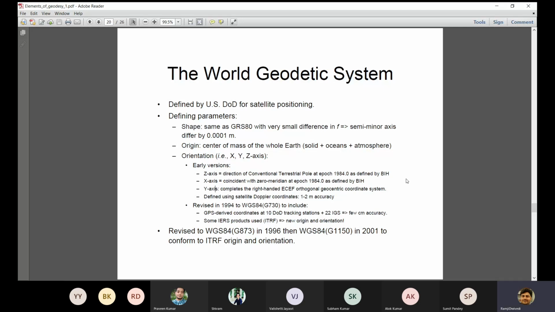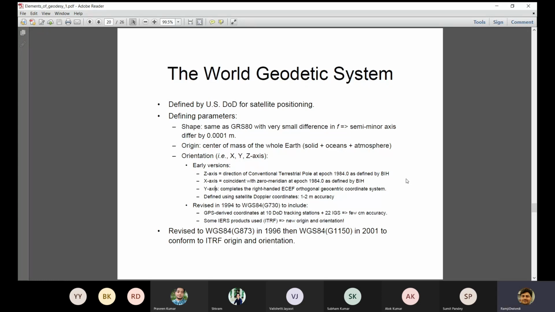So this International Terrestrial Reference Frame (ITRF) is defined by an international body called IERS, and the IERS full form is International Earth Rotation Service, which defines this ITRF. And this ITRF is the same as WGS84, but both are different in the sense that WGS84 is maintained by the US Department of Defense and has a mechanism where they use GPS stations as the control points.